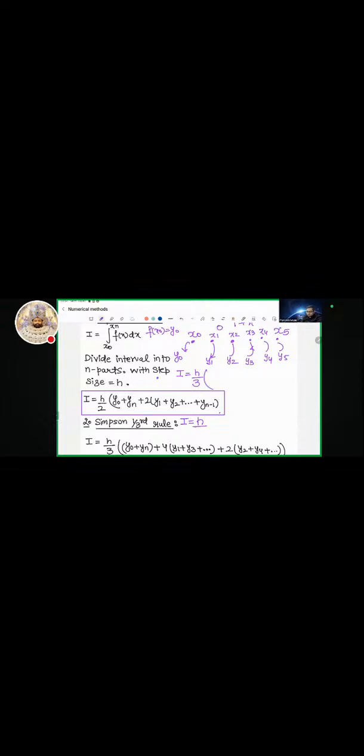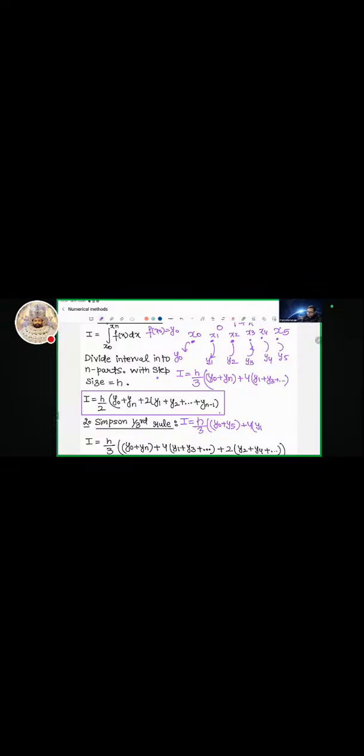Again, the first step is same. You write the first value and last value. Then you write 4. In the previous case we wrote 2. Now you write 4, and now you write all the odd terms. Odd terms will be y1, y3, and so on.